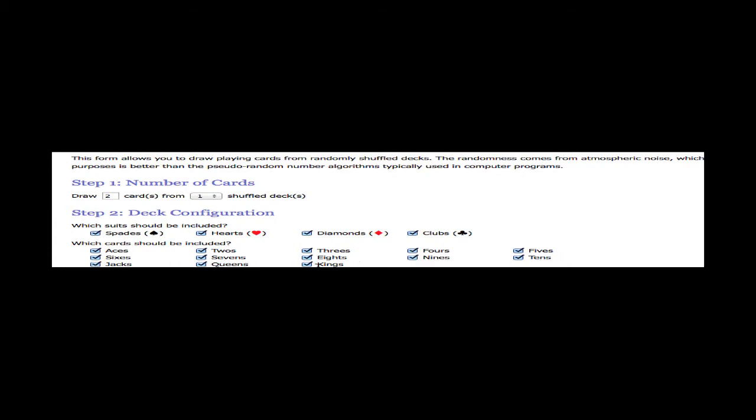Well, how many are there altogether there? Well, that's 5, 10, 13. There are 13 cards altogether. There are 4 suits. Spades is a suit, hearts is a suit, diamonds is a suit, and clubs is a suit. 4 times 13 is 52, so there are 52 cards altogether.